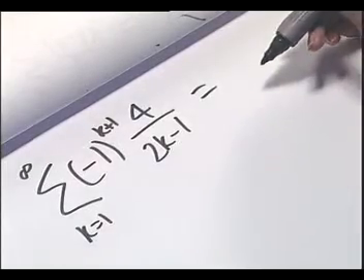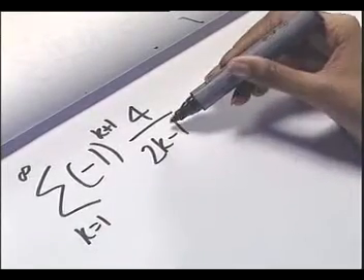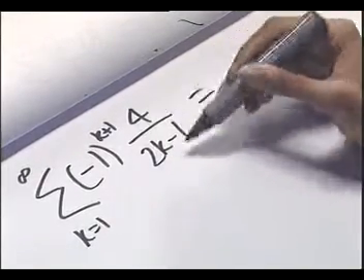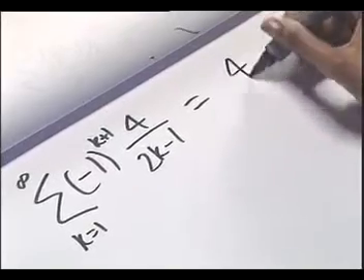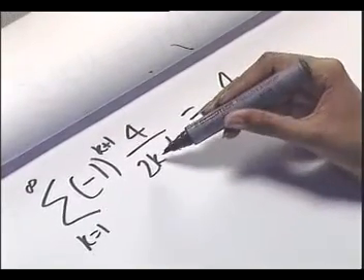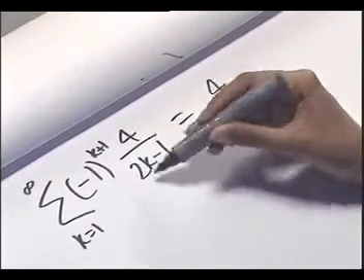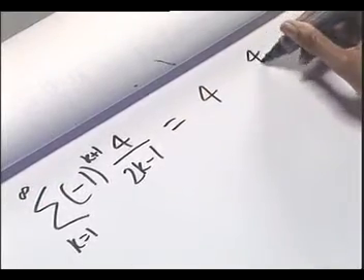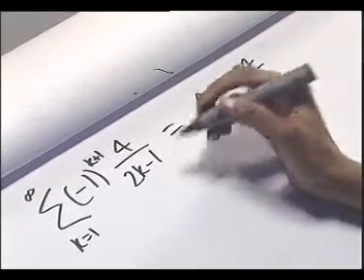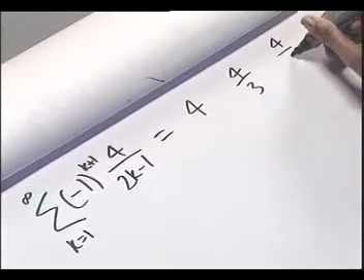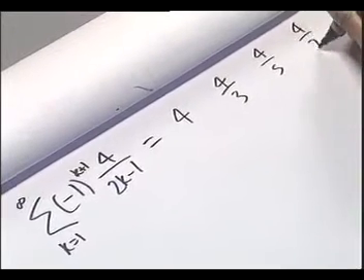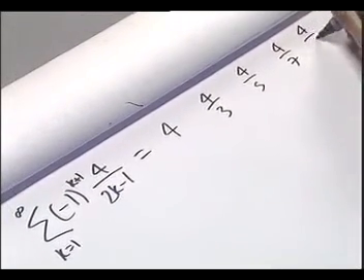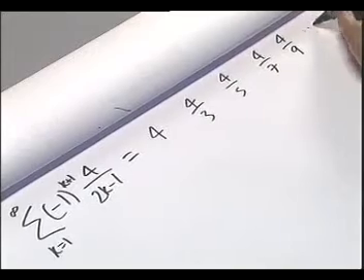When k is 1, this denominator becomes 1. So this is 4 over 1, which is 4. If k is 2, the denominator is 3, so this becomes 4 over 3. The next one is 4 over 5. Then we get 4 over 7, 4 over 9, and so on.